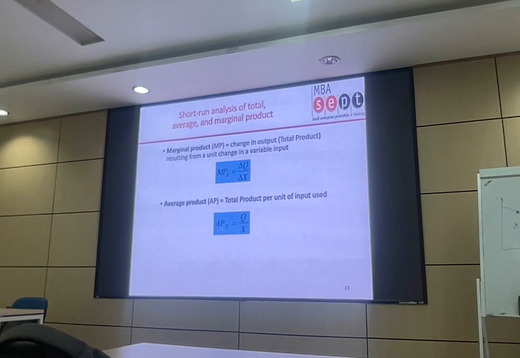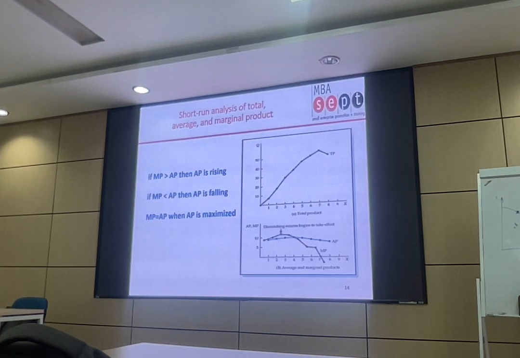For example, average product per labor is the total output divided by the number of workers used for the production. And average product of capital is the total output over the total capital used for the production. That's how we get average product.